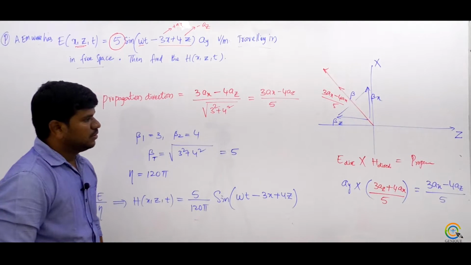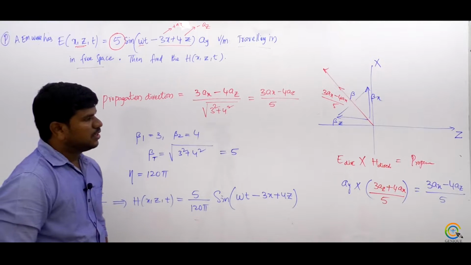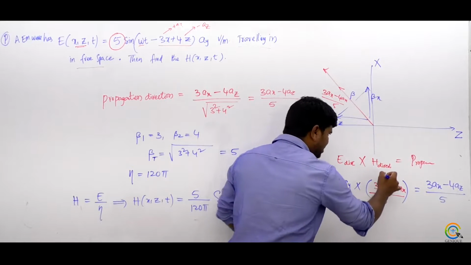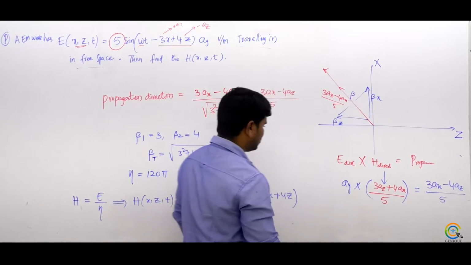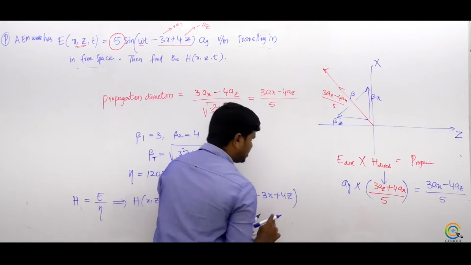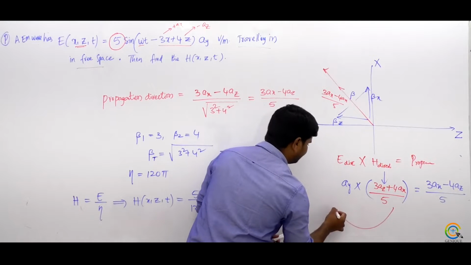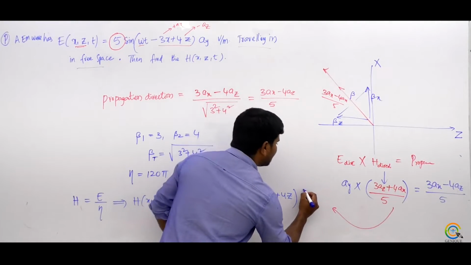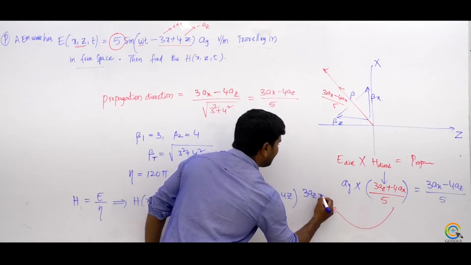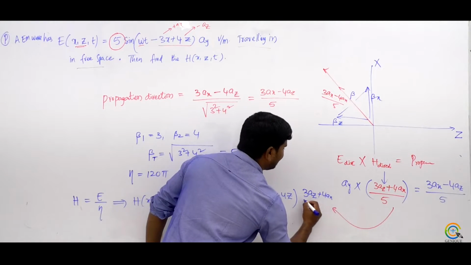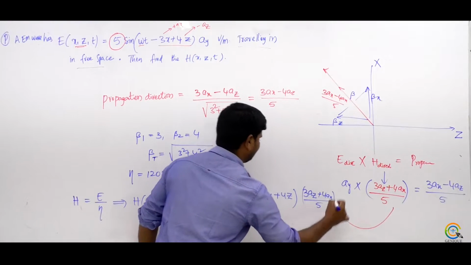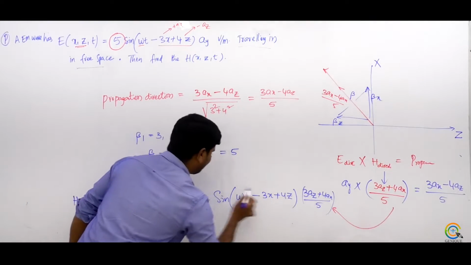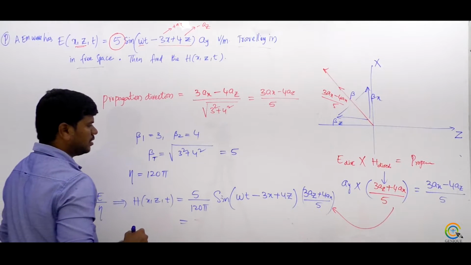Okay, so from this, what is the direction? This will be the H field direction. You have to write this one here. This value is 3az plus 4ax divided by 5. Then what will the final answer be? Here the 5 will get cancelled.